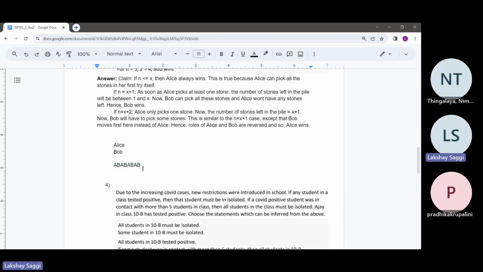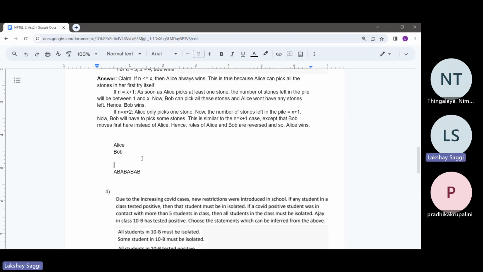But what I'm trying to say is that these Alice and Bob are just names of the people, right? These are just placeholders. Here I have named the person who moves first as Alice and the person who moves second as Bob. I could have also called the first person Bob and the second person Alice.